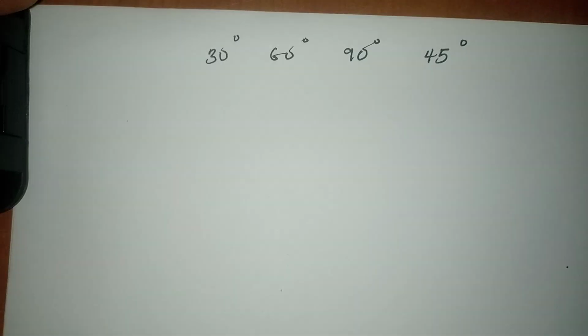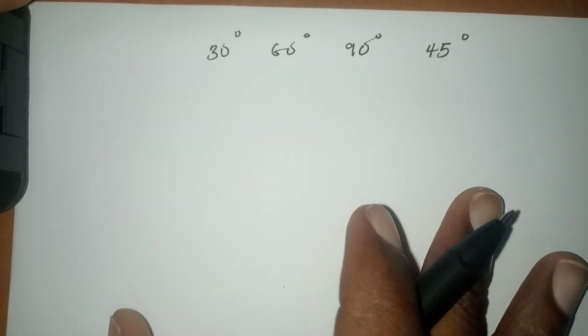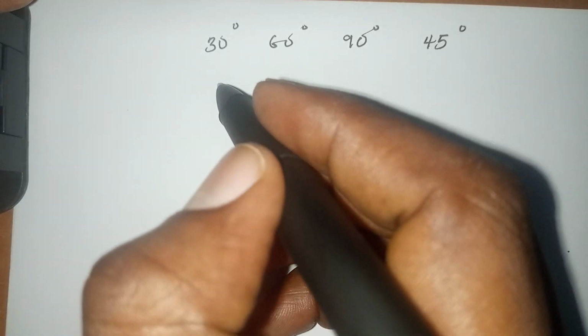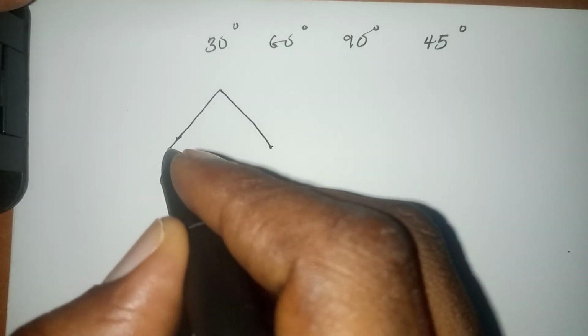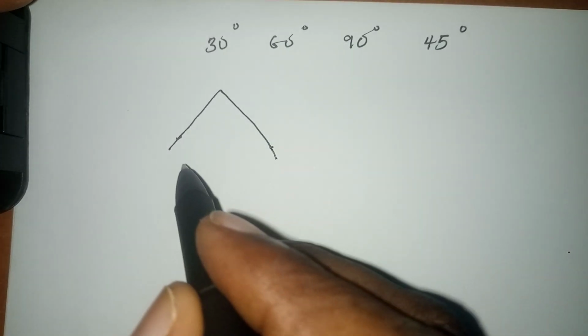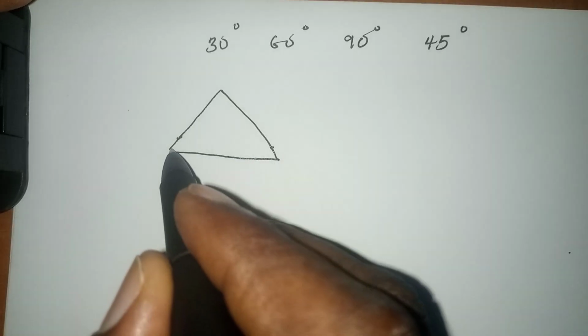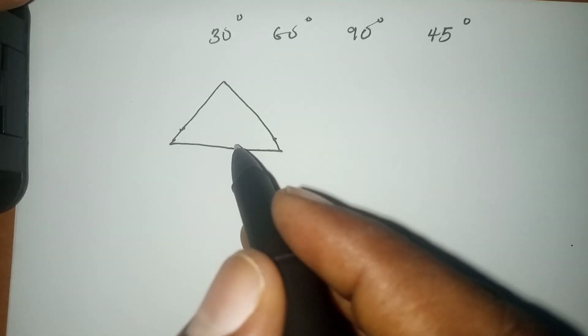Now for angle 30 degrees and 60 degrees. Now, the easiest way to go about this is this. So assuming we have an equilateral triangle. Now, an equilateral triangle, all the sides are equal.